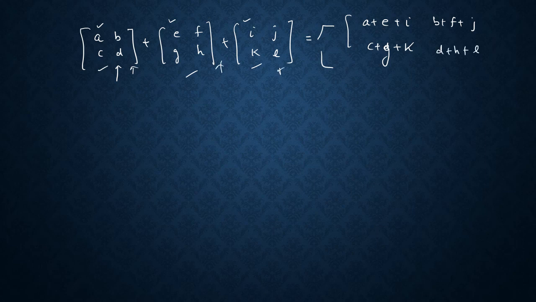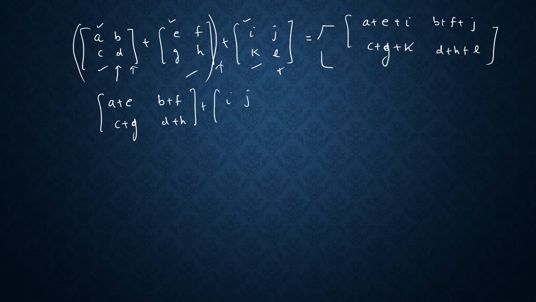Correct? And you can add the first two initially and then add the sum to the right. That means A plus E, B plus F, C plus G, D plus H, and then add it to I, J, K, L. This will also give you this result.